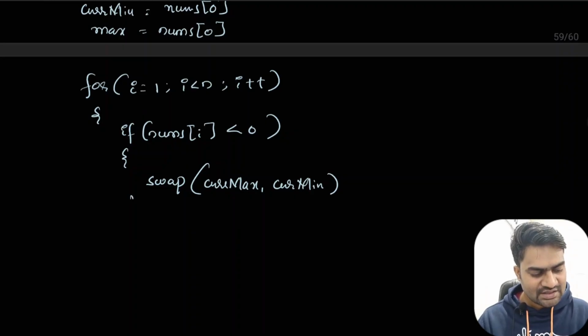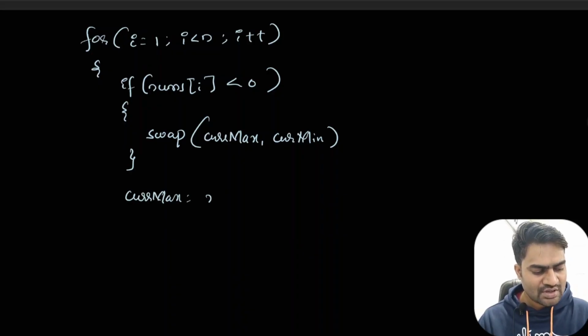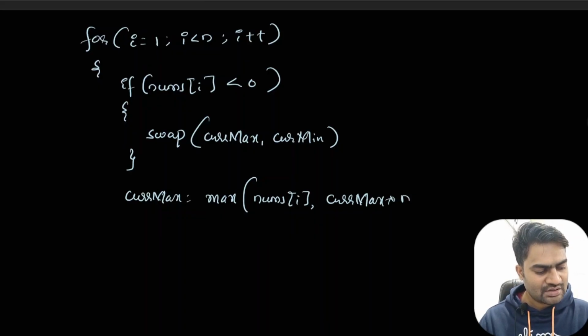Then I will update my current max equal to max of nums of i comma current max into nums of i, whichever is greater, that I will take.